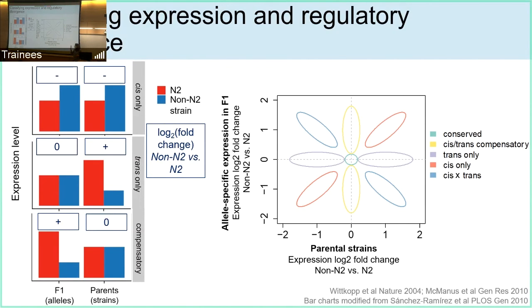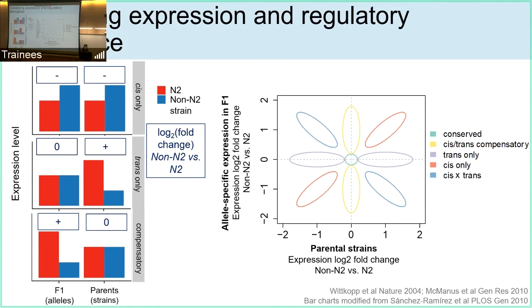Along the y equals 0 line, in purple, would be cases where there's a difference between the parental strains, but not between the alleles. And so those would be cases with trans-regulatory differences dominating. And then along the vertical spread of points, in yellow, would be cases where there was a difference between the alleles, but not between the parental strains. So we know there's a cis-regulatory difference, but there's something compensating for it.